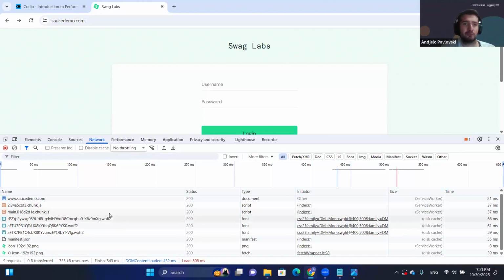So quite simple, and it gives you all the information you need. You have the resource, you have the response, you have who's the initiator, you have the size, very important, and the time, the response time. So basically everything you need for output, time, response time, status, everything is displayed here. So my personal recommendation will be to keep this when you want to do some debugging or find the root cause.